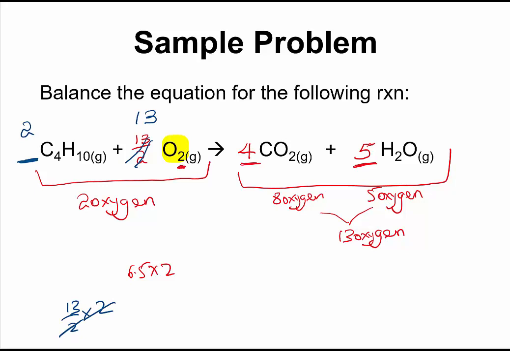And the coefficient in front of the CO2 will become 8, and the coefficient in front of the H2O will become 10. Now the equation is balanced, and you can do a quick check. Looking at each atom, you will see that this equation is now balanced.